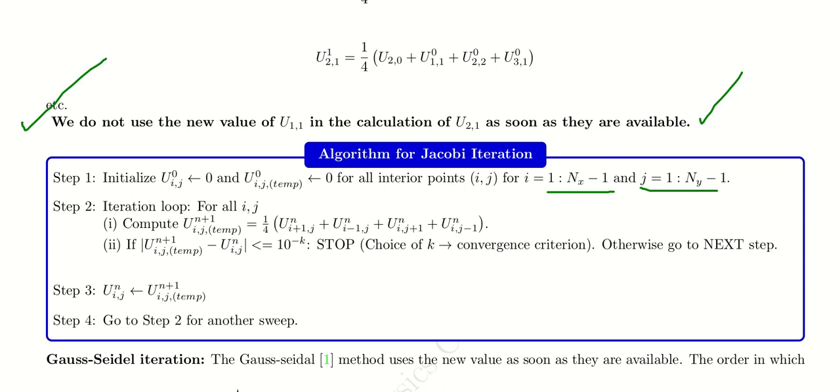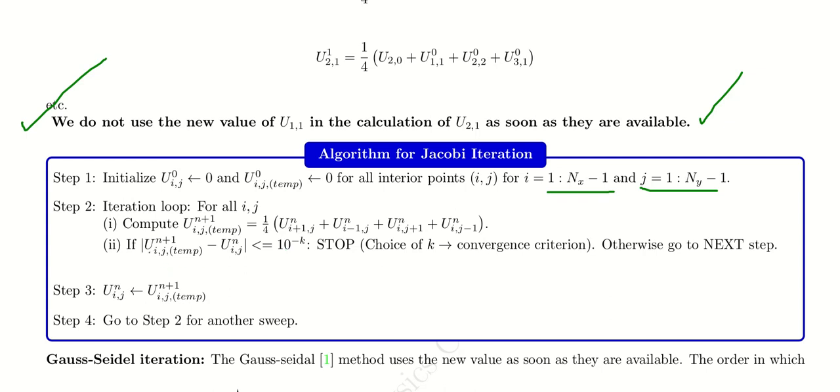Now you start the iteration loop. For all i, j, compute u_ij temp for the next, n plus 1th iteration. That means n equals 0 is the first iteration. That means 1/4 of u_i+1,j and so on, all the old values.